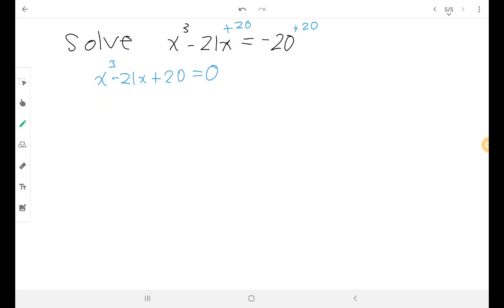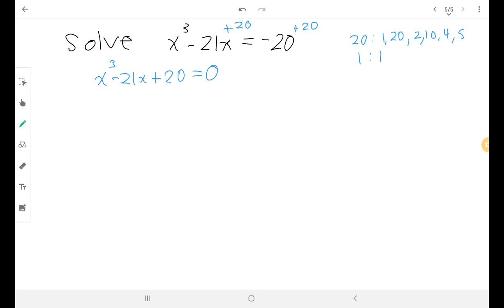And that's how we're going to solve this. Okay? And I'm going to use the rational root theorem. I'm going to take the factors of this divided by the factors of this. Remember, there's an understood 1 there. So factors of 20 are 1 times 20, 2 times 10, 4 times 5, and then we're back to 5. So we've got all the factors there.